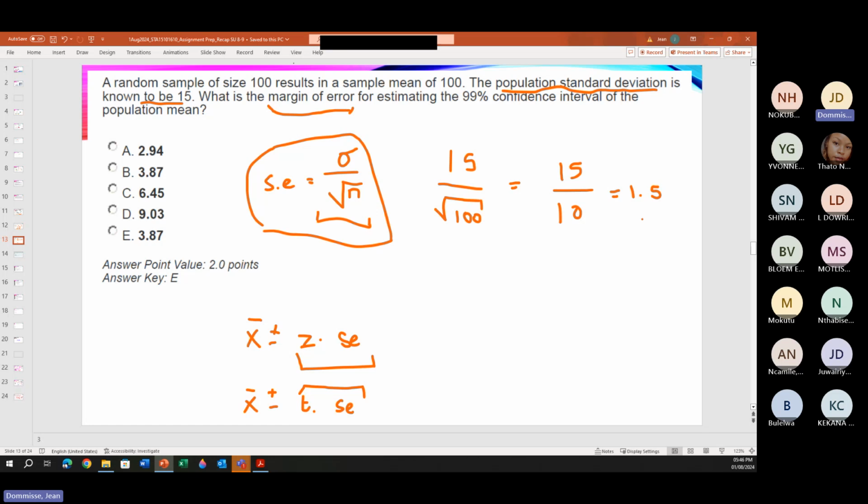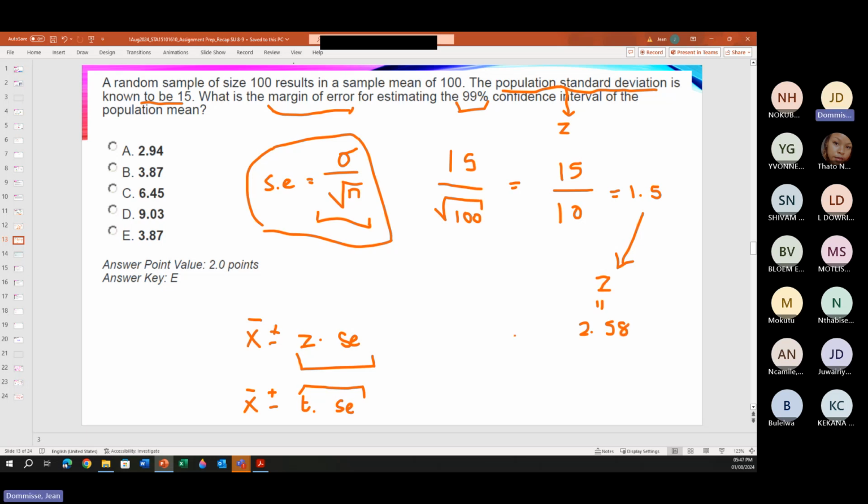Okay, so what we will need to do is to times the standard error with your Z. So that's why they need to tell us if we're working with a population standard deviation or a sample standard deviation. So this one, population, so we know we're working with a Z. 99% is then that your Z is equal to 2.58.